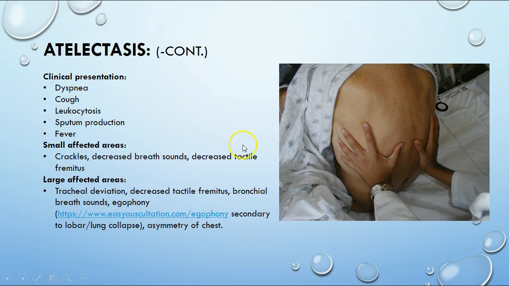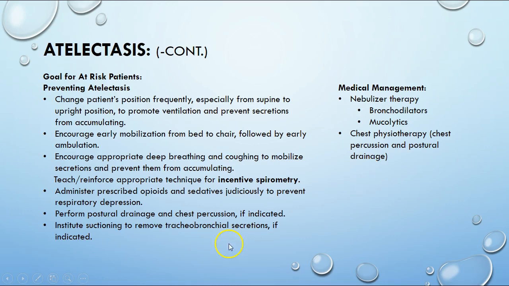And you can go through this here, and this will actually give you some links to some sounds. Ways to prevent it is changing a patient's position frequently, especially from supine to upright, to promote ventilation and prevent secretions from accumulating. Getting up and moving. Learning how to use the incentive spirometry correctly.